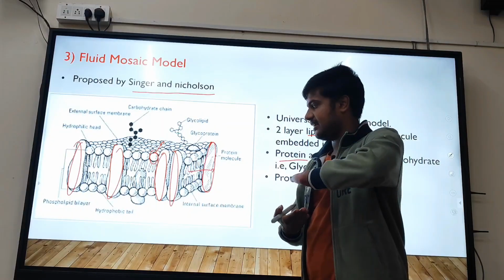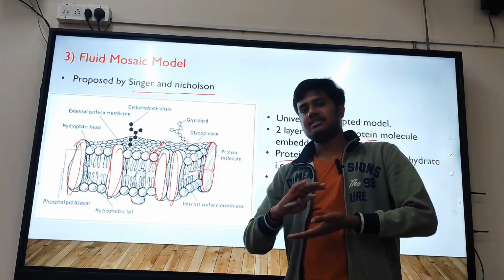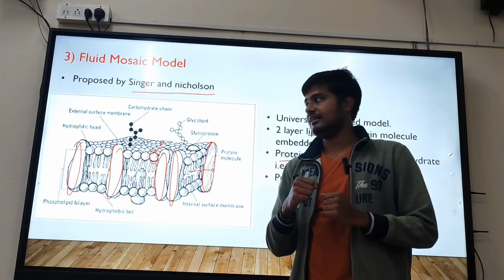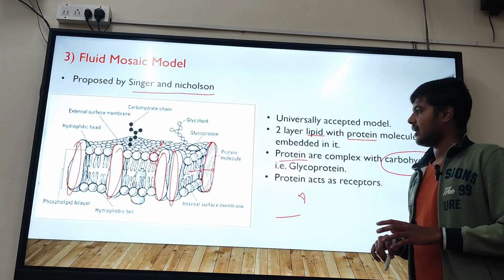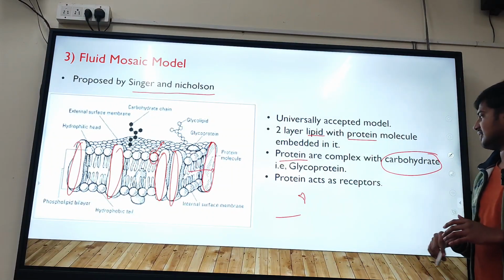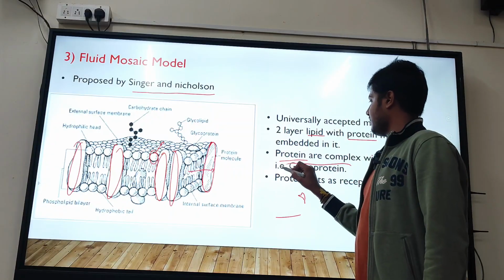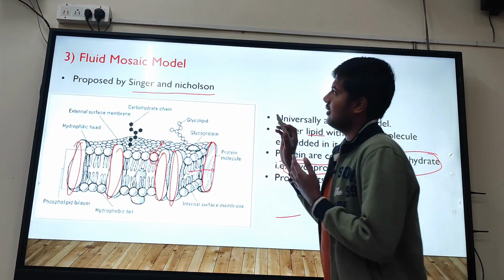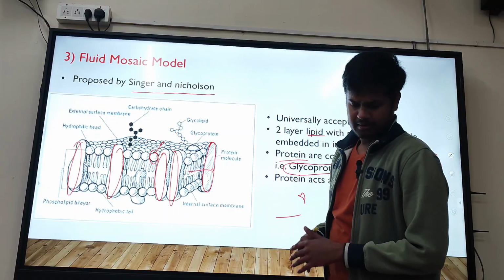This is a bilayer. They are compactly arranged because it gives structural and functional support to the cell. Therefore, they are compactly and rigidly arranged. Many protein complexes are there, for example, carbohydrates. Glycoprotein is one of the main proteins of the fluid mosaic model seen in the cell membrane.